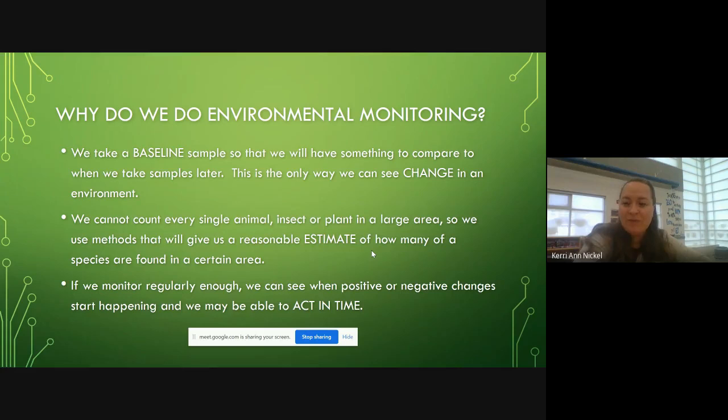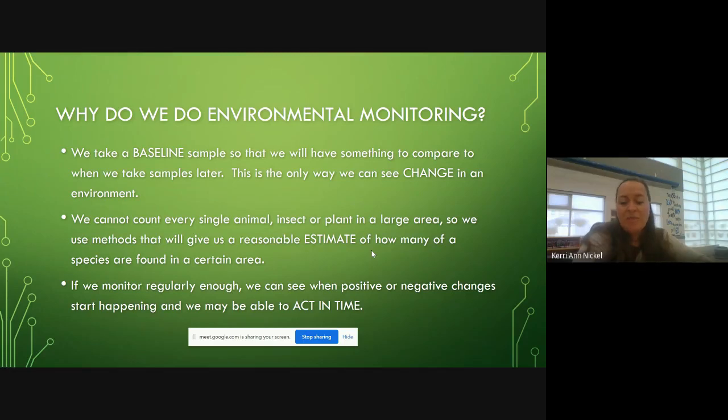And again, we'll be able to track some of those changes over time and see, are their numbers increasing? Are their numbers decreasing? We use this a lot when we think about species at risk, species whose numbers are on the decline, and we do a lot more environmental monitoring to make sure that their numbers don't decline so much that they become extirpated or extinct.